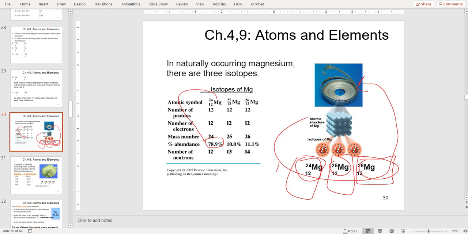And then 10% for magnesium-25, 11% for magnesium-26. So every single piece of magnesium is a mixture of it, from an 80-10-10 mixture.